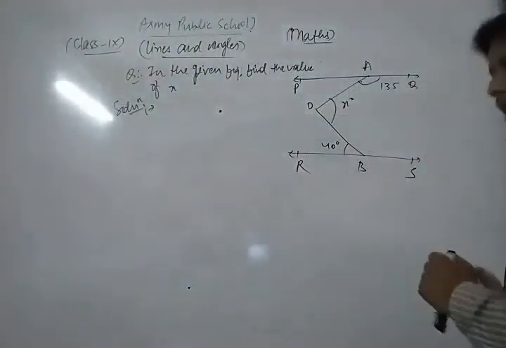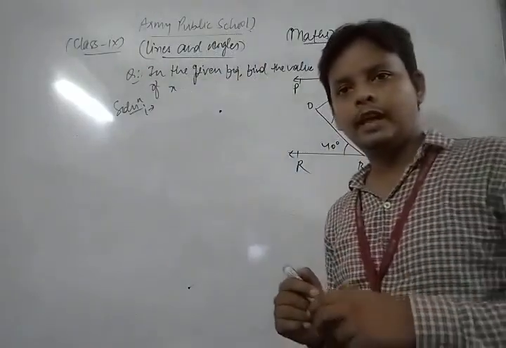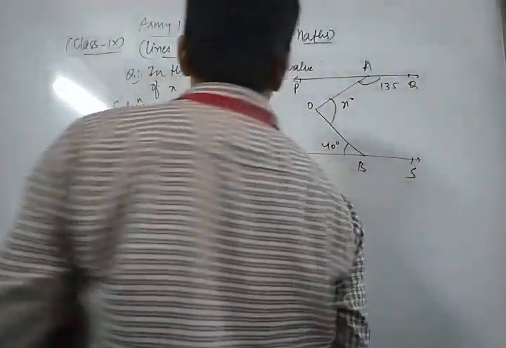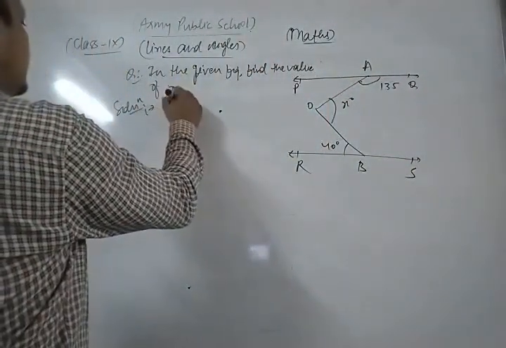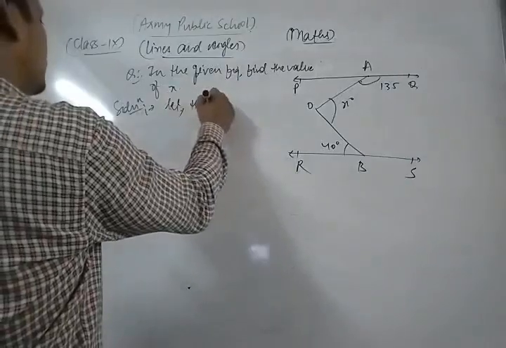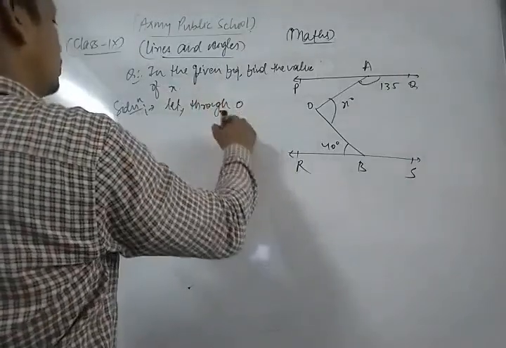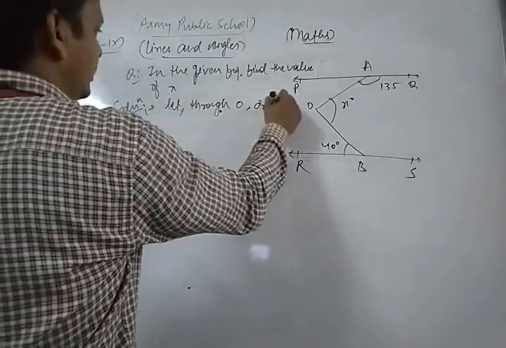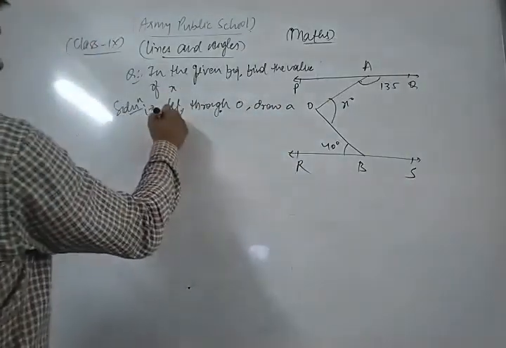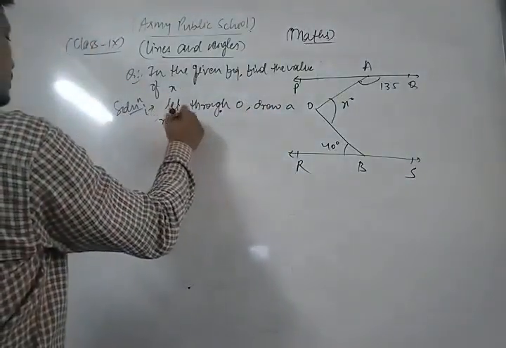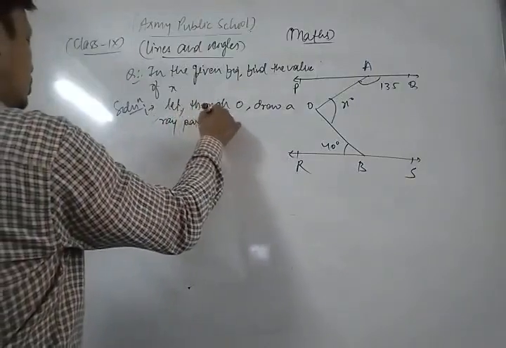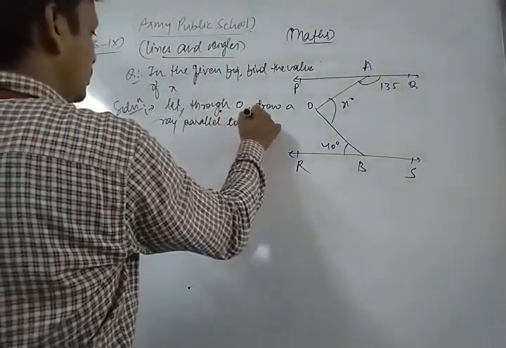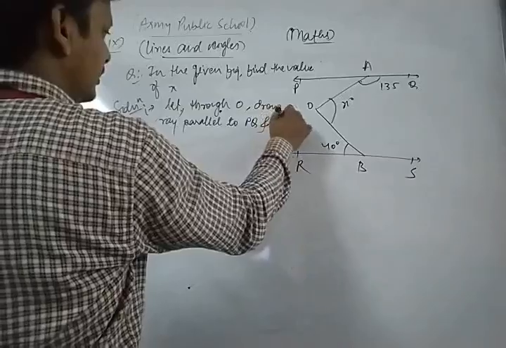Through O, draw a ray parallel to PQ and RS.